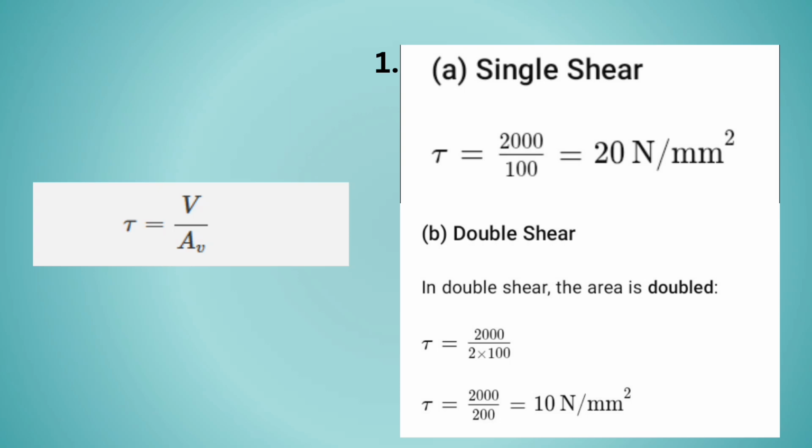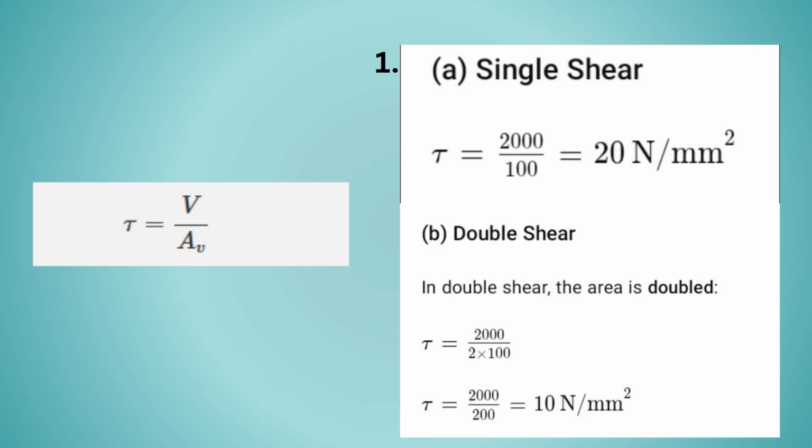For the single shear, put the given: the load is 2000 Newton and the area is 100 millimeter squared. We know that V is the load.